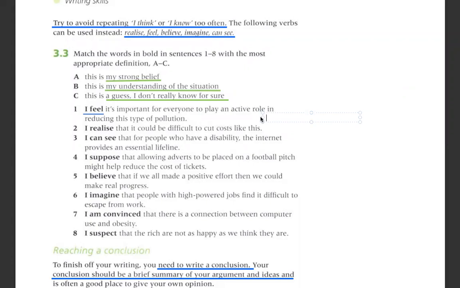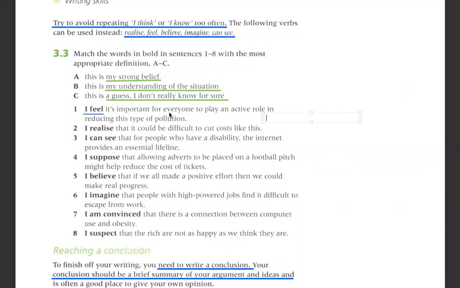Okay, you need to read the whole sentence to understand what the phrase means. Right, quite a couple of you are saying B. When we say B, it means that we're not agreeing or disagreeing.